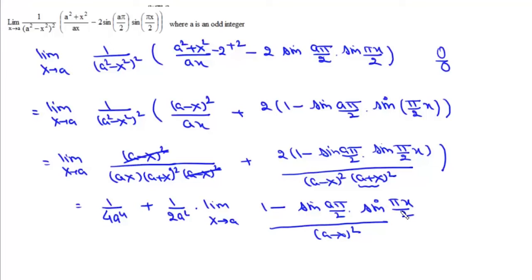It will be sine a pi by 2 whole square, and a is an odd integer. So it will be 1 minus 1, 0. So it will be 0 upon 0 form. So now we can use L'Hopital's rule.